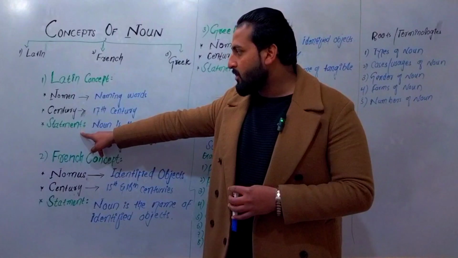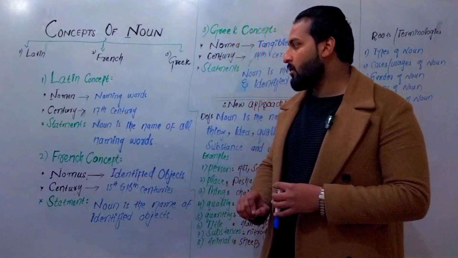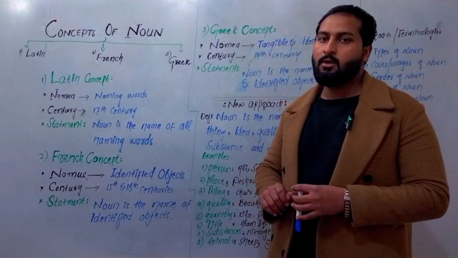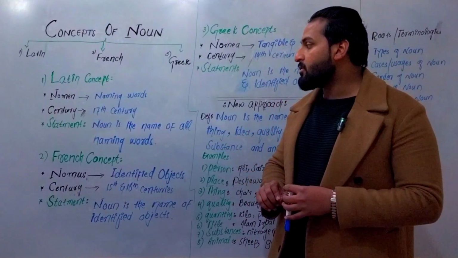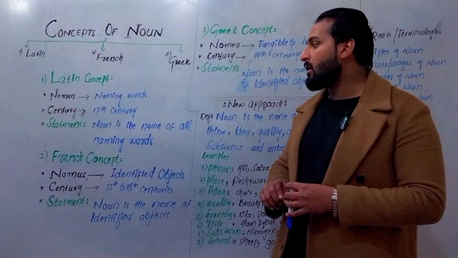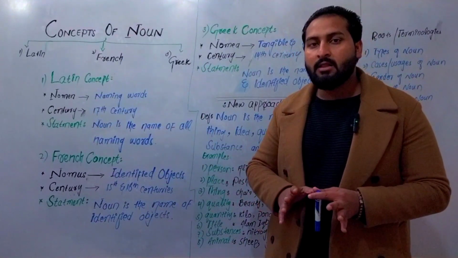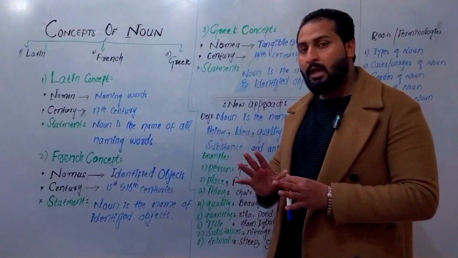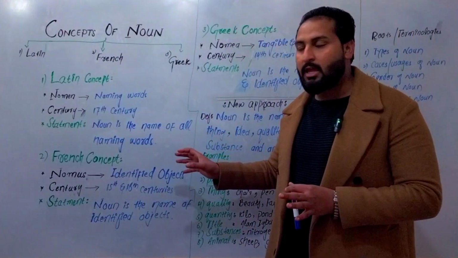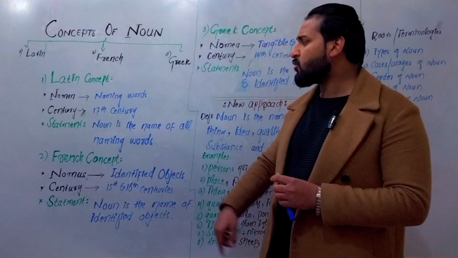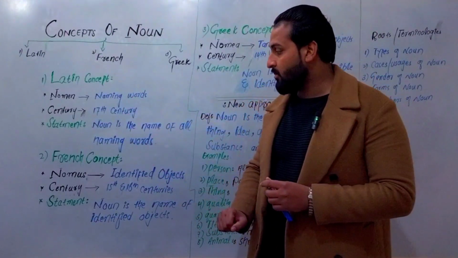They gave the statement in the 17th century that noun is the name of all naming words. यानी हमारे साथ जितनी भी nouns है, जितनी भी naming words है, हम इसको noun कह सकते हैं. It was said in the 17th century.